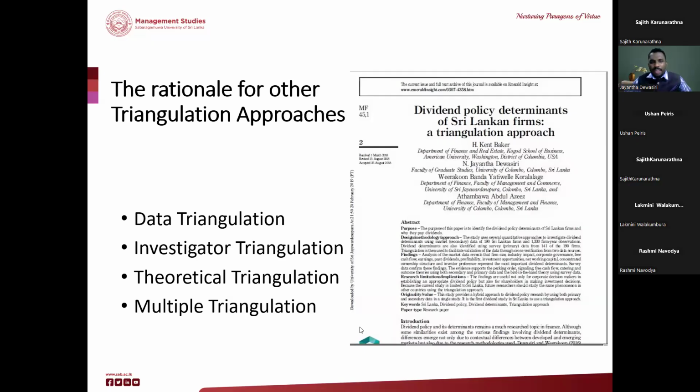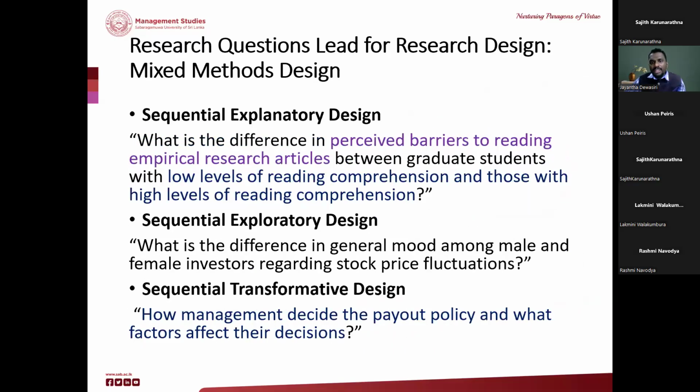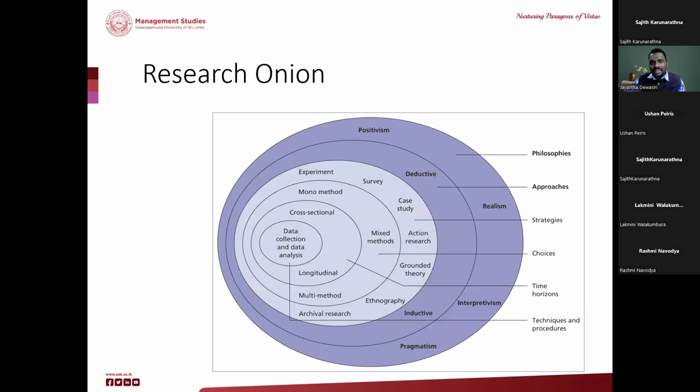Without taking much time, I'll explain. I'm not going to explain it in depth, but a brief explanation. Data triangulation is similar to the multi-method approach, which we discuss in the research choices.